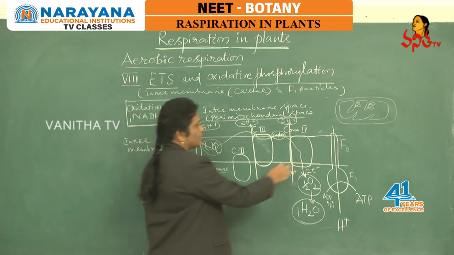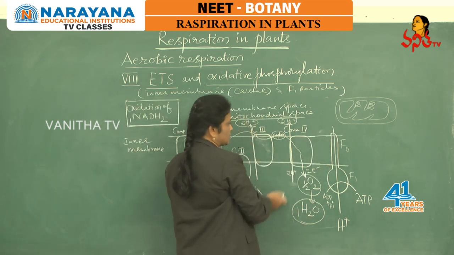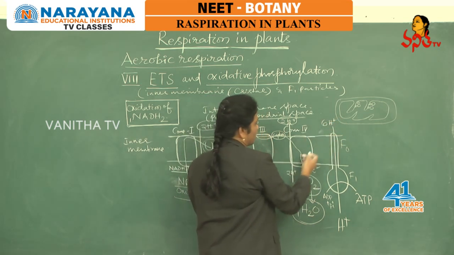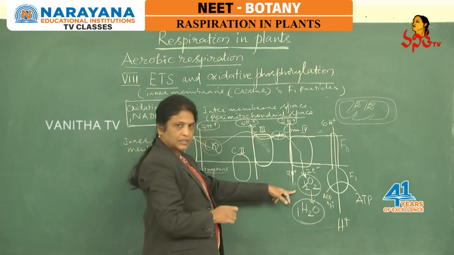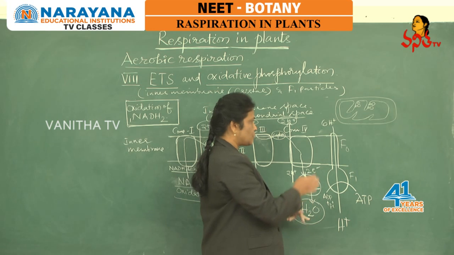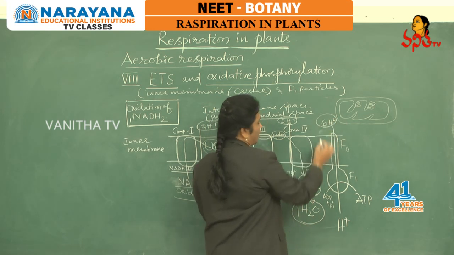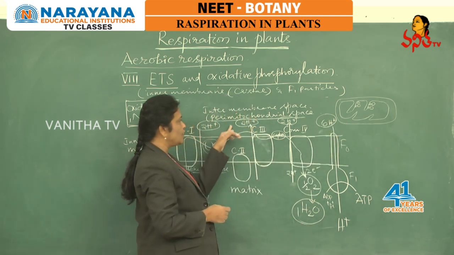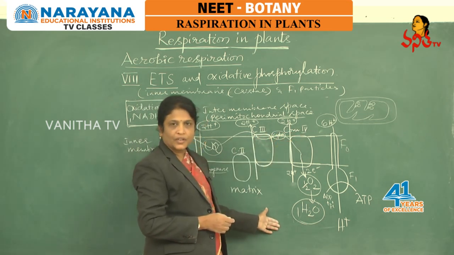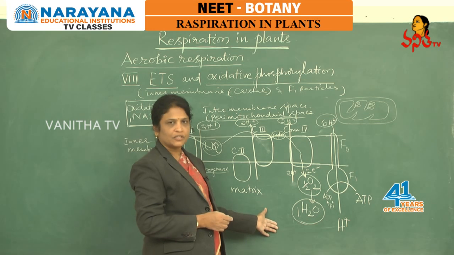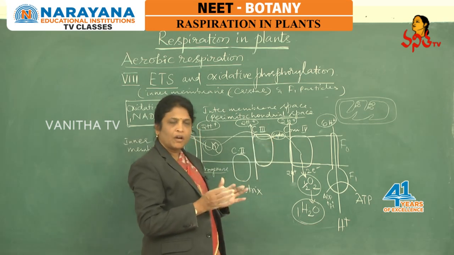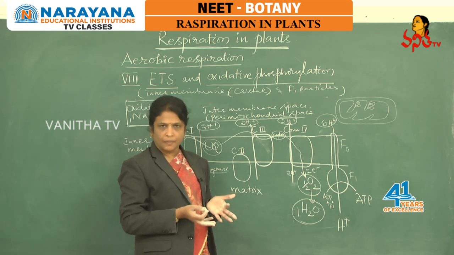So totally 6 protons from the matrix are translocated into the perimitochondrial space by the time that pair of electrons is received by half an oxygen molecule and reduced to water. Gradually proton concentration increases in the perimitochondrial space, and gradually proton concentration decreases in the matrix. So between matrix and perimitochondrial space, a proton concentration gradient develops.